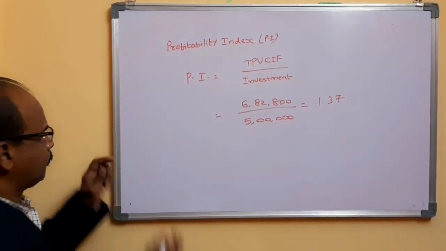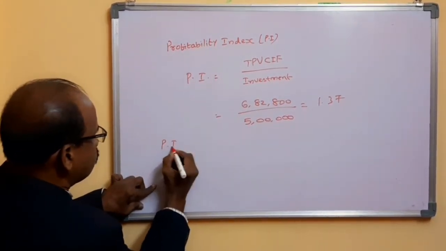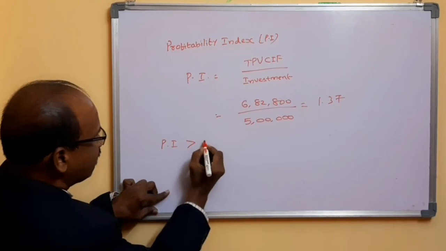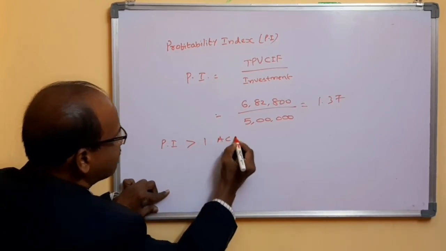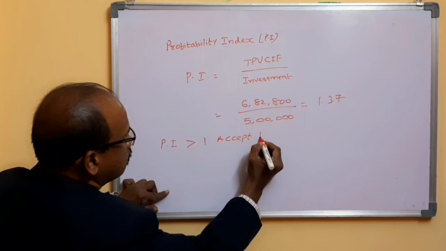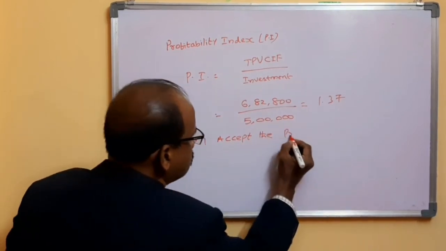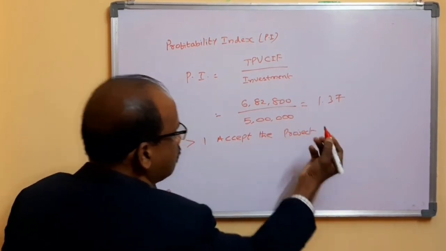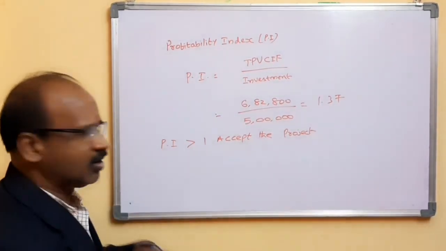Coming to the rules. Profitability index greater than 1, accept the project. Profitability index less than 1, reject the project.